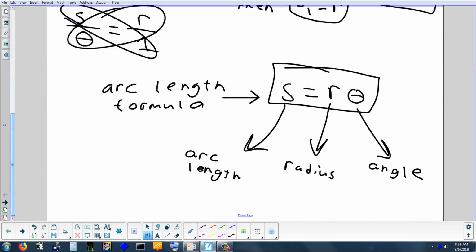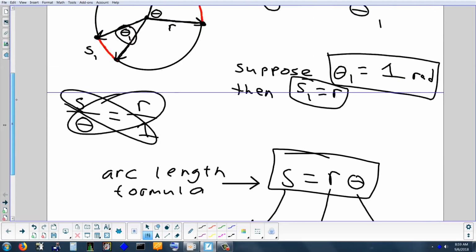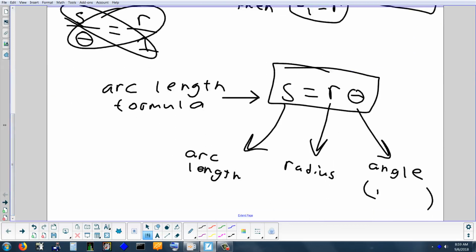But we have to be a little careful with the angle. Way back when we did this problem, we said suppose theta 1 equals 1 what? Radian. So this formula is built on the fact that we were working in radians. So if they give you a problem in degrees, first thing you have to do, change to radians. Okay, so S equals R theta.